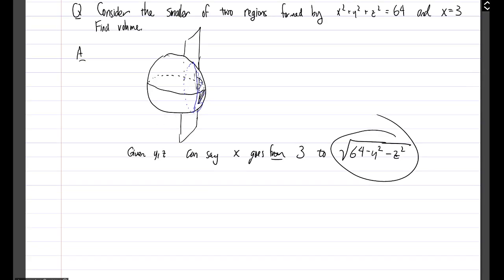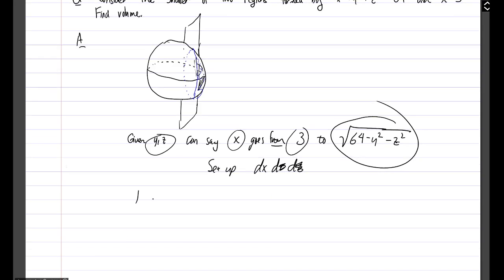Okay, so this tells us, because it was easy to talk about what x goes from and to given a y and a z, we should set up, it's going to be most convenient in this problem to set up a dx, then d something, then d something. But the point is the innermost integration should be with respect to x.